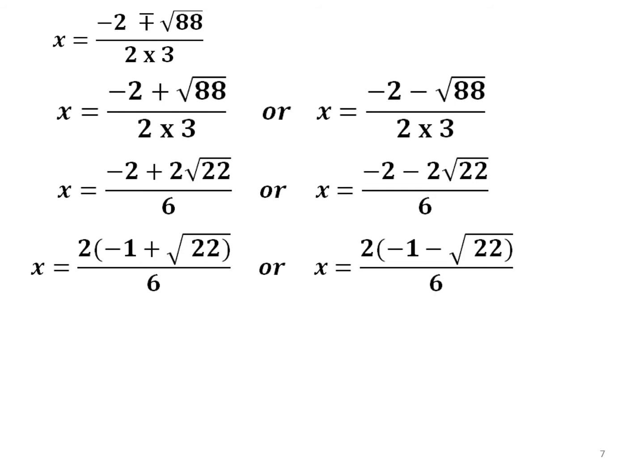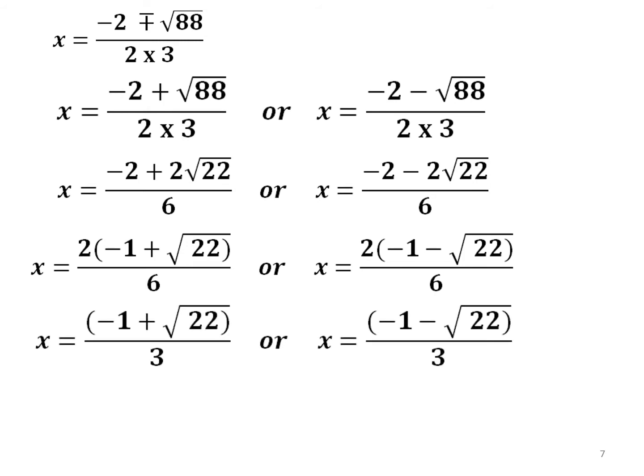So 2 ones are, and in the denominator we will get 3. Therefore, the value of x is equal to minus 1 plus root 22 upon 3, or x is equal to minus 1 minus root 22 upon 3.